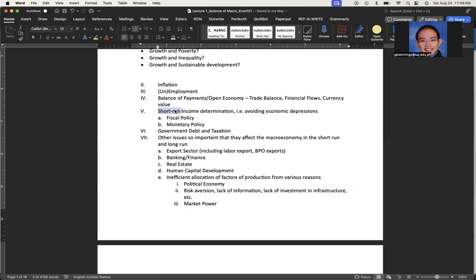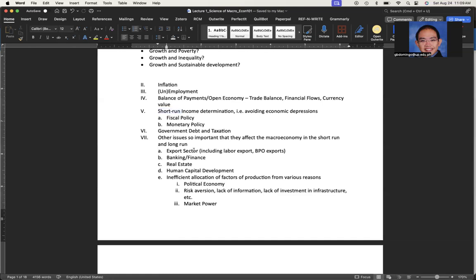Other very important issues that you may be interested in when you're studying macro, right? The experience of the export sector, whether it's manufacturing exports, the ability to do agricultural exports, break into other countries like international trade. Also interesting, from the Philippines perspective, is the labor export or services exports. So all of these are also very important in the macroeconomy.